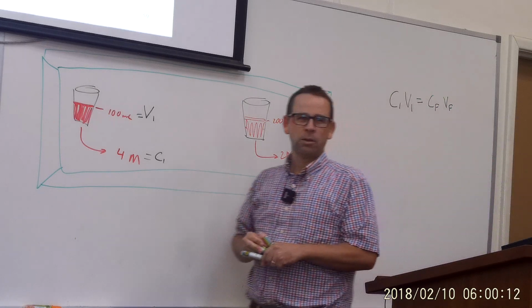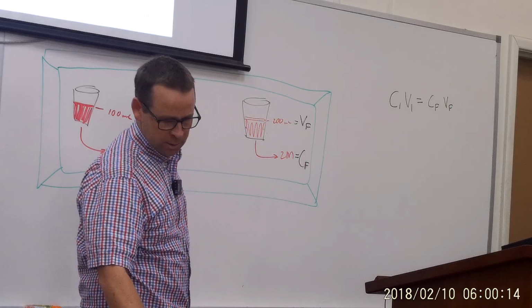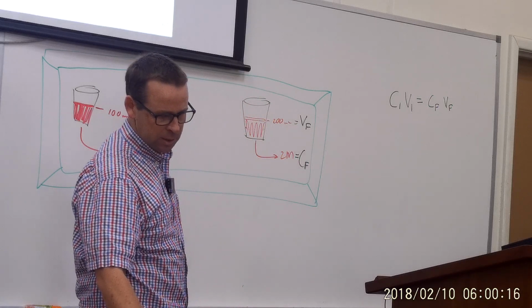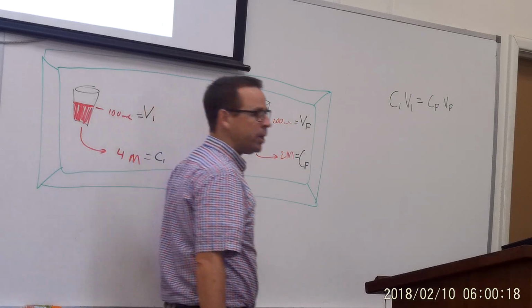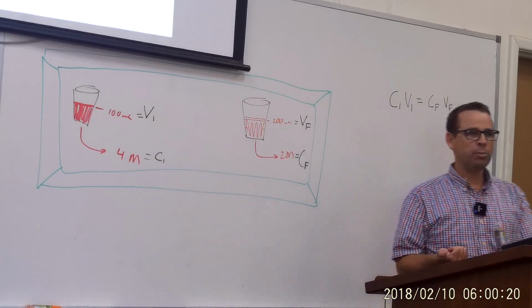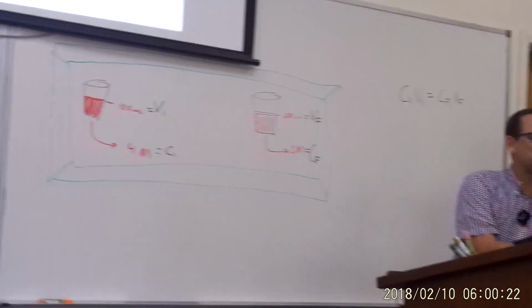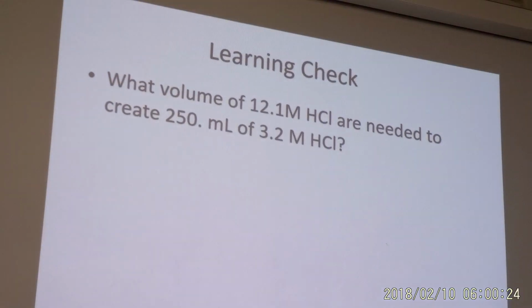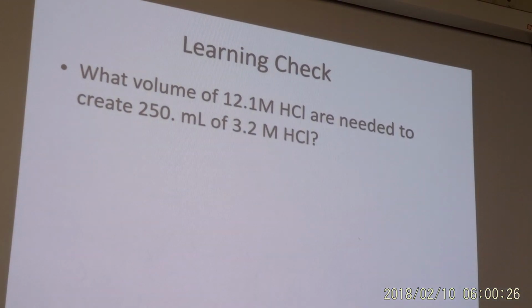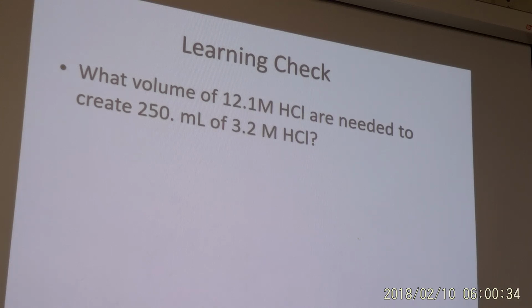All right? So, if we're asked to perform a dilution like this one, we need to create 250 milliliters of a 3.2 molar solution from a stock of 12.1 molar. Where would my 250 go? What's my 250 on here?